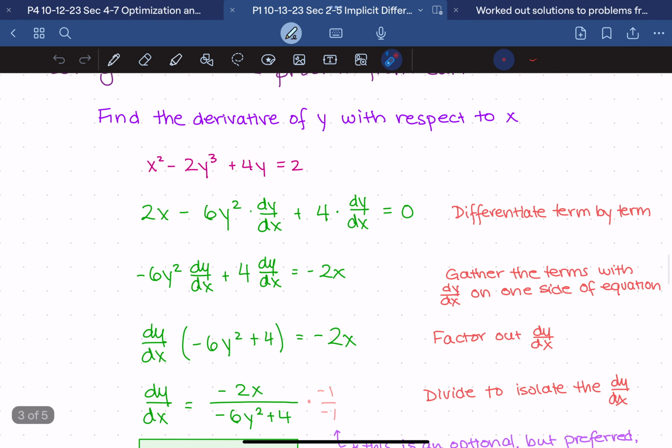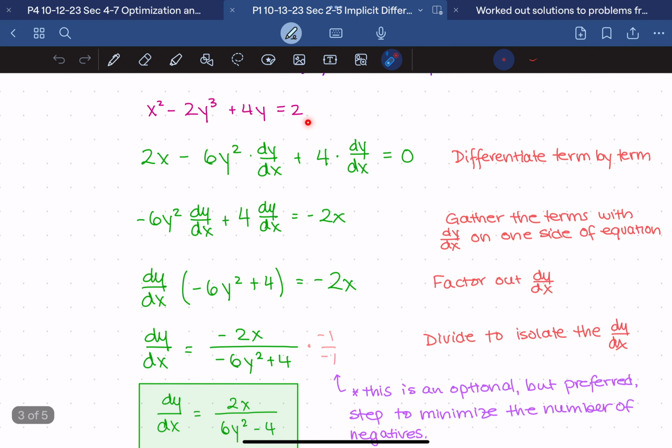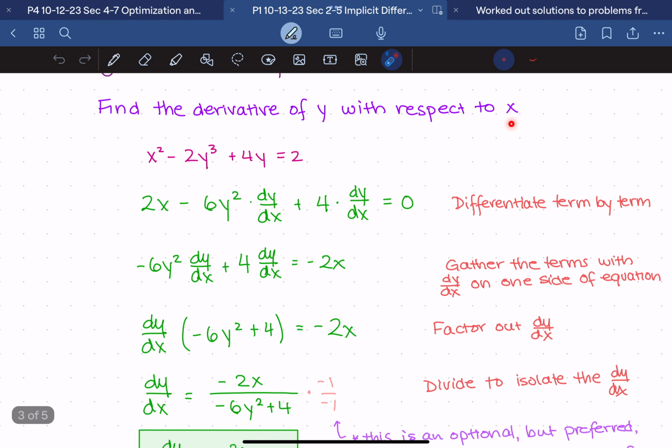So let's go back to that problem I gave you earlier. It was this one. What if we want to find the derivative of this? We're going to differentiate term by term. For the first term, x, if we're differentiating with respect to x, the variables agree, so differentiate like normal.